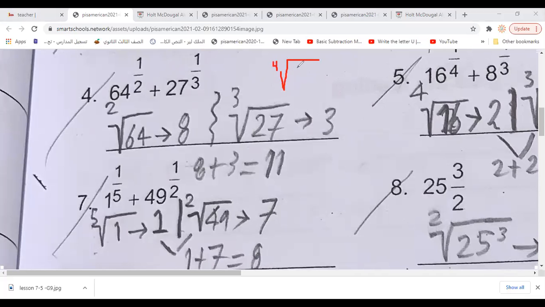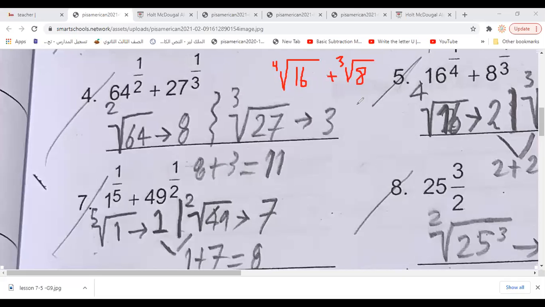And you will put 16 inside, and this one will be to the power of 1 because he said quarter. Plus, you will put the root, and the denominator will be the degree of the root, and you will put inside 8.